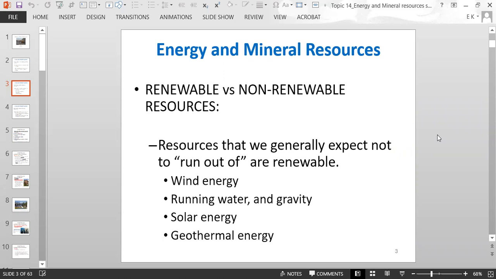We don't expect to run out of running water, and gravity is driving the running water, like a stream, right? We don't expect solar energy to run out, and we don't expect geothermal energy to run out. So these are all examples of renewable resources.